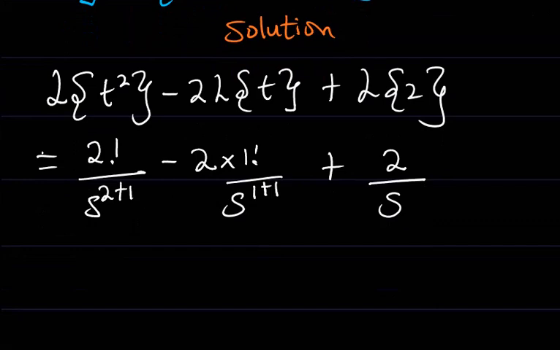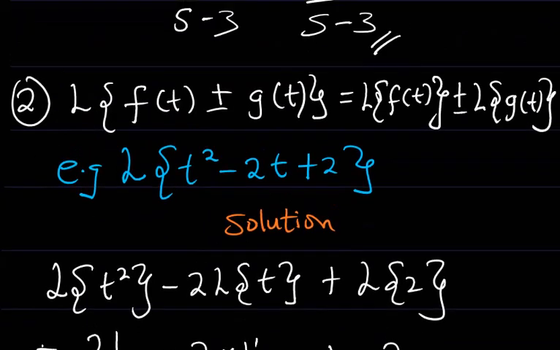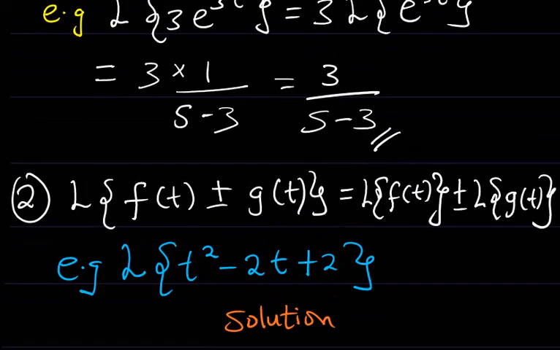So we can actually solve this. Invariably, this is equal to 2 factorial, which is 2 times 1, that's 2, all over s raised power 3. 1 factorial is 1, that's 2 all over s raised power of 2, then of course 2 all over s. Okay, so that is the answer to that. Please take note of that.